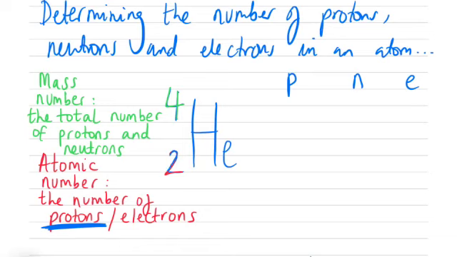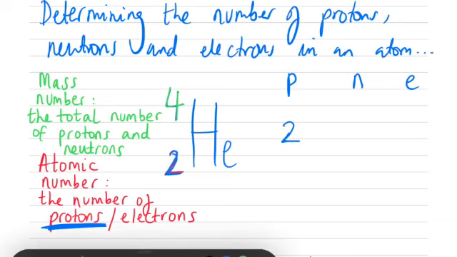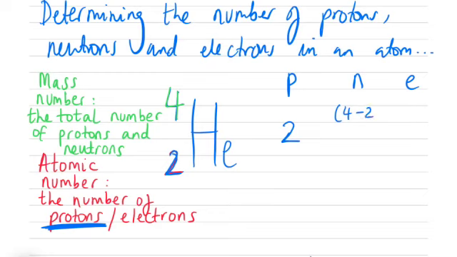Because the atomic number is 2, that means we've got 2 protons present within the atom. The mass number 4 tells us that if we take the atomic number from the mass number, we get the number of neutrons, which is 2, and then the electrons are equivalent to the protons, so they are also equal to 2.